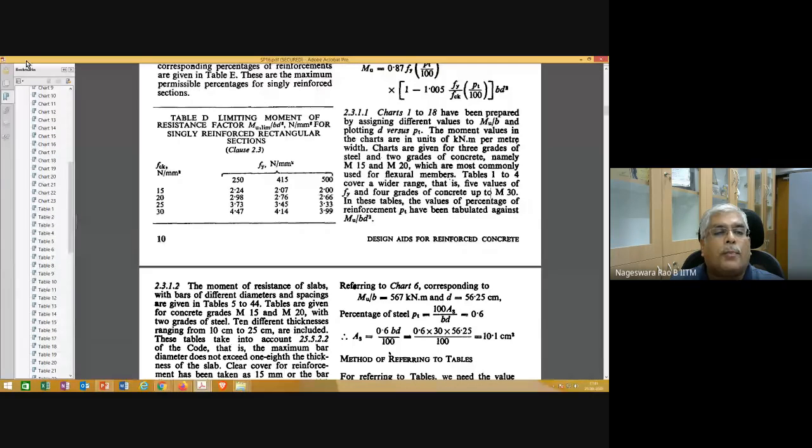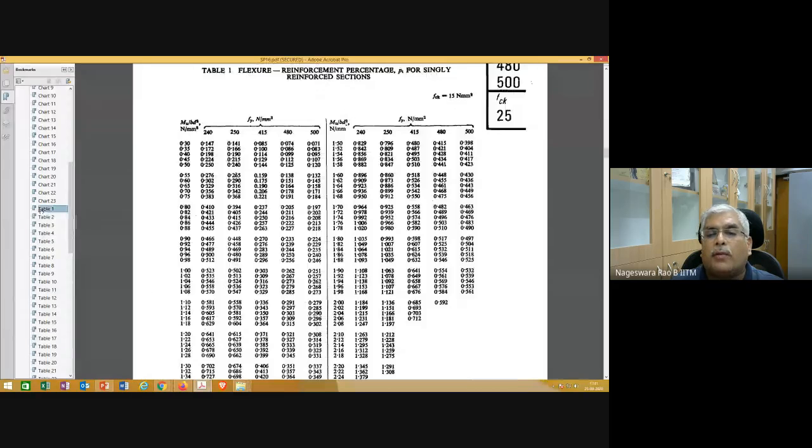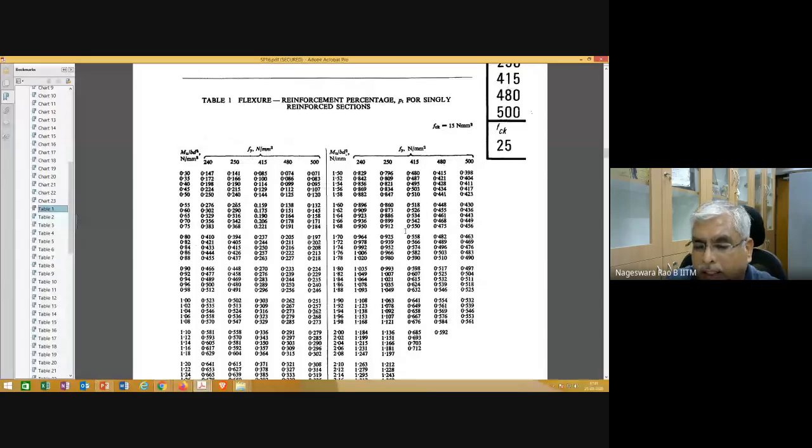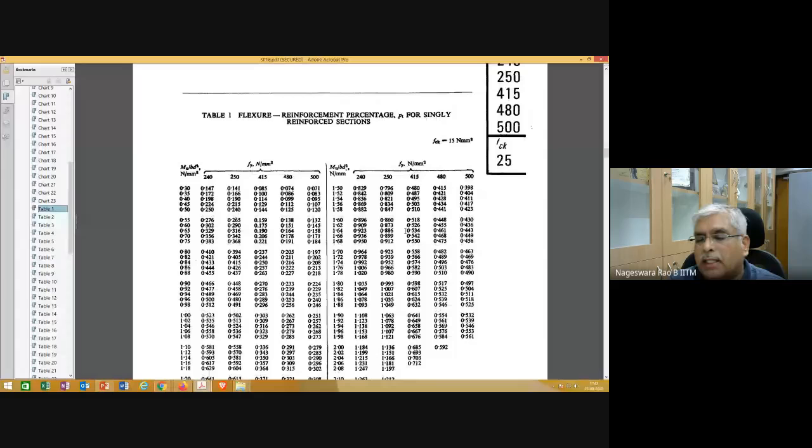Here you just open this contents, then you will understand, or directly you can jump to that table. So I'm opening table 1, here table 1 to 4. Let's go to table 1. What I just mentioned, if you find Mu divided by BD square, that's going to depend on your target moment carrying capacity and the section dimensions you decided.